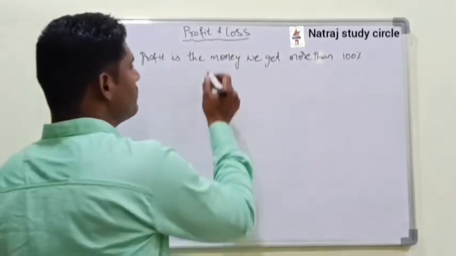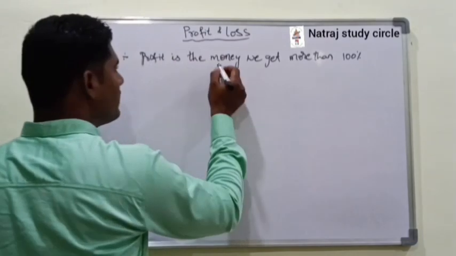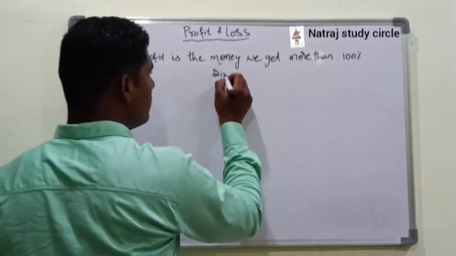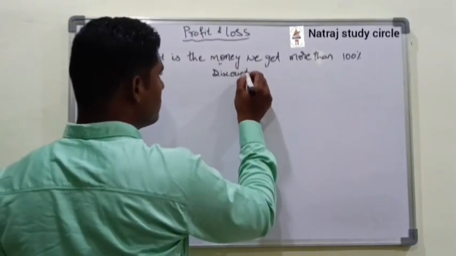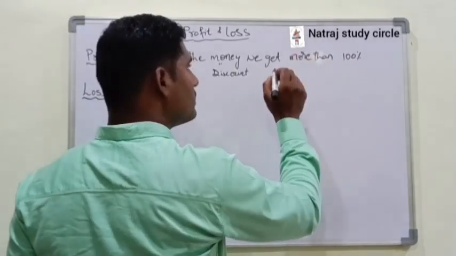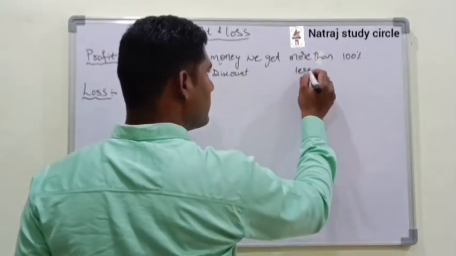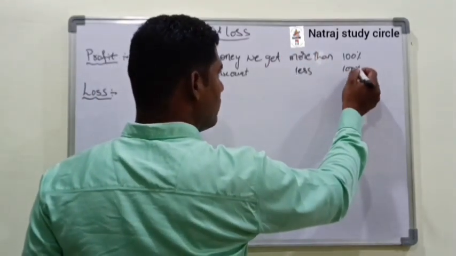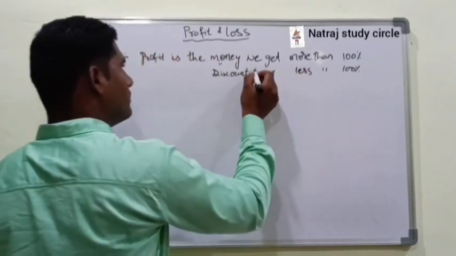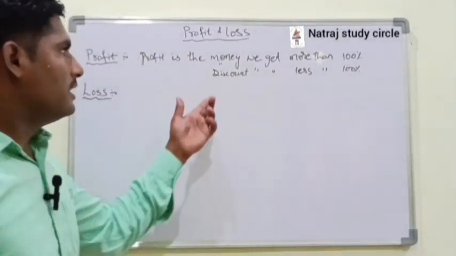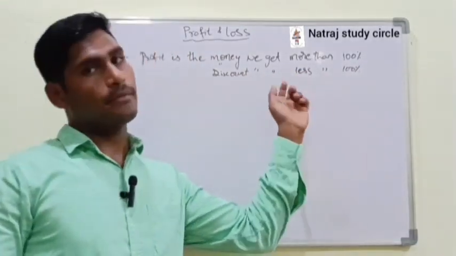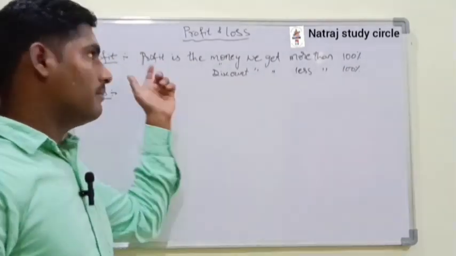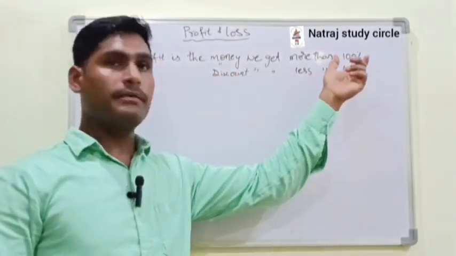Sometimes this can also be given in the form of a discount. If we get less than 100 on a product, that is a discount, so profit is nothing but a discount. We get less than 100 on a product, or the money we get is more than 100%.